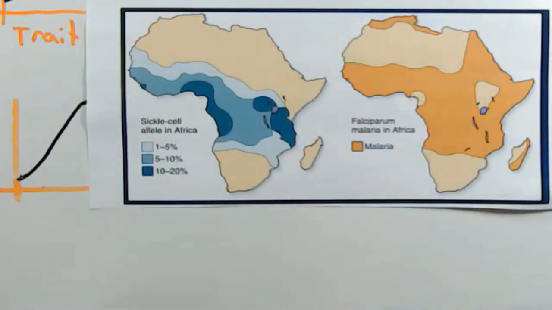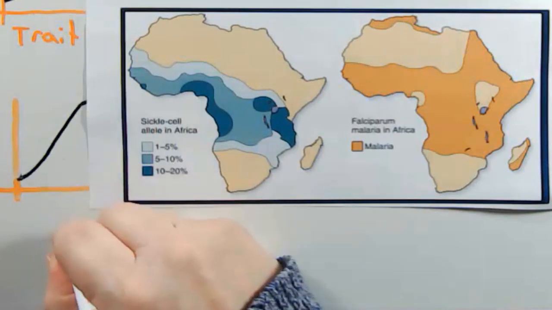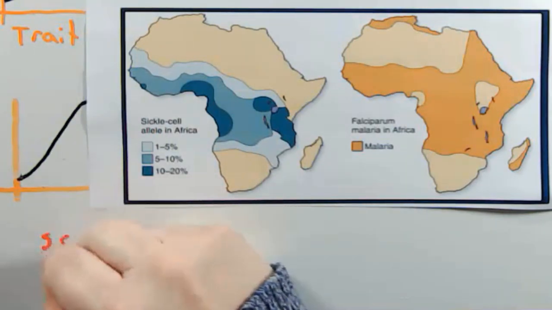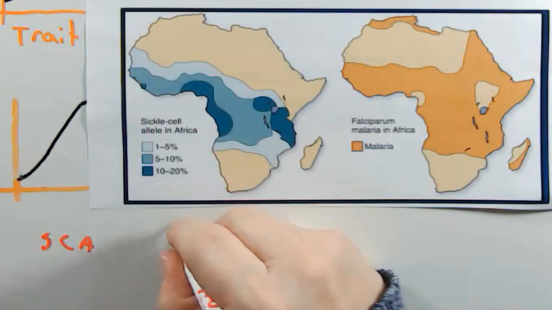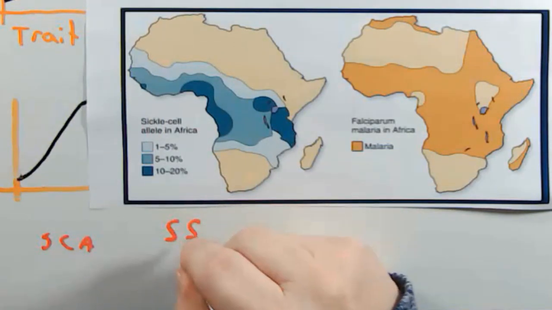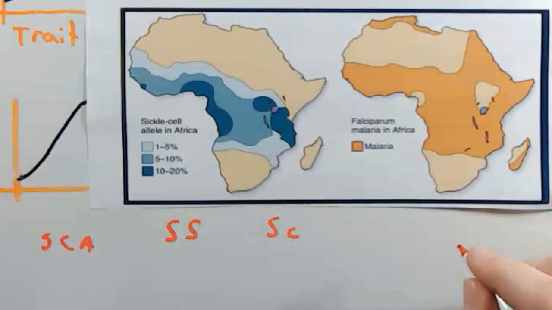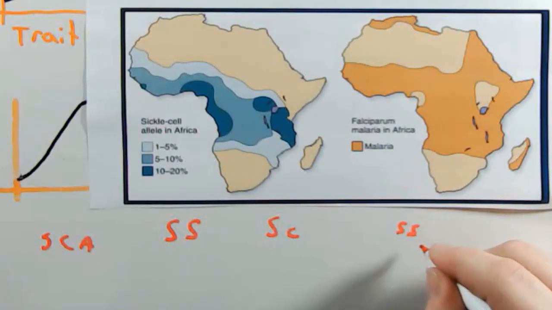Well, when we look at these two diseases, we see some genetic differences here. So if we look at sickle cell disease, which I'm just going to put as SCA for sickle cell anemia, we know there are three combinations, and we're just going to call them big S, big S; big S, little s; and little s, little s.